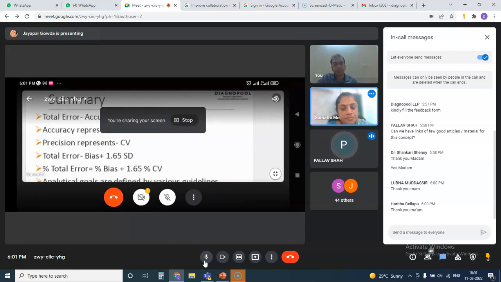Why can we not multiply it with 4 if we want to add bias and imprecision both? Because imprecision itself is 3 SD, like if we consider it as 3 into percentage CV plus bias, 1 more. Yeah, good question. Please go ahead. Yeah, so that is what I wanted to ask.